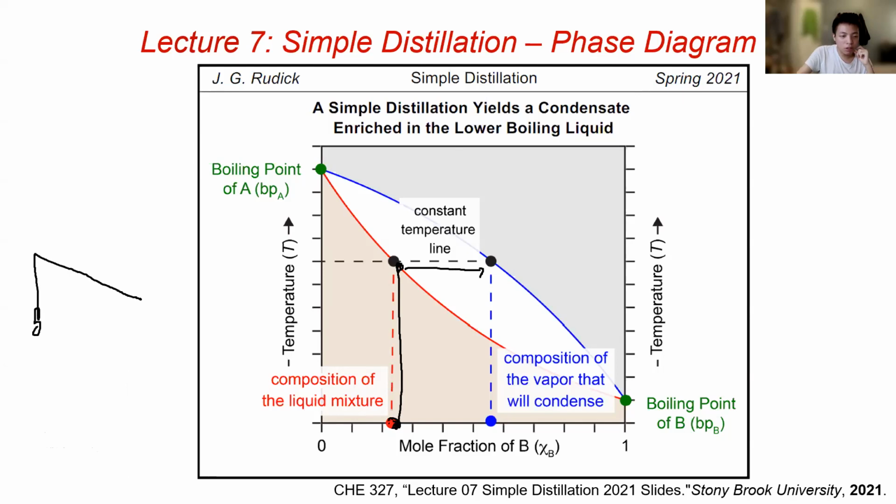So you have your distillation. This is pretty much your bubble point, and whatever you collected is the dew point. And these two have to be the same. And once you drop back down, this is where you collected.